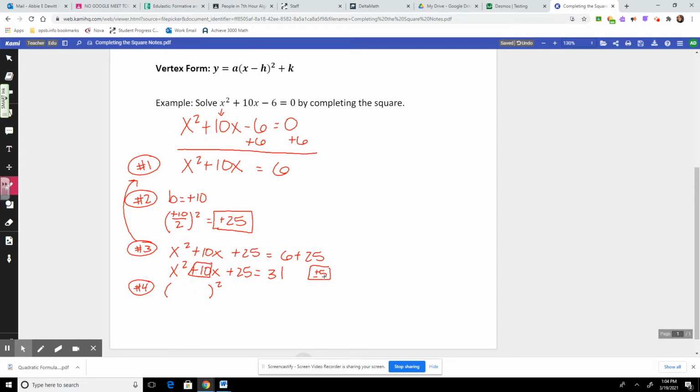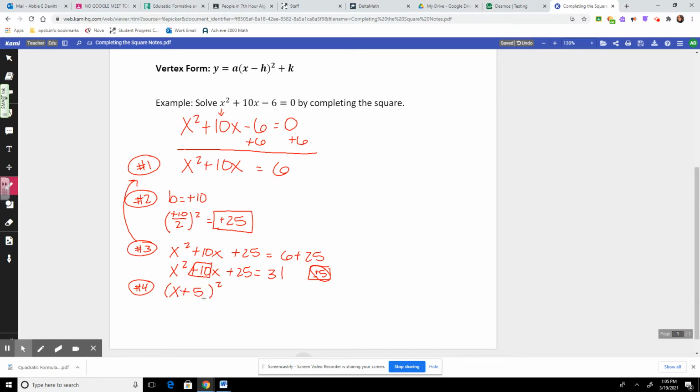So is negative 5 minus 5 positive 10? No. Positive 5 and positive 5 is positive 10. So positive 5 times positive 5 is positive 25, and positive 5 plus positive 5 is positive 10. So I know that my perfect square binomial is (x plus 5) squared.